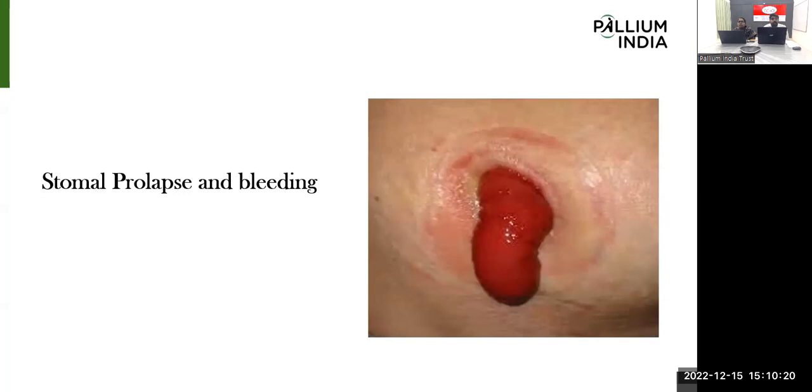It may be caused if the patient is pulling any weight, or a highly obese patient whose abdominal muscle has become very weak. During weight bearing and coughing, it may cause the prolapse of the stoma to the outside. The colon part bulges outside from inside the colon area.